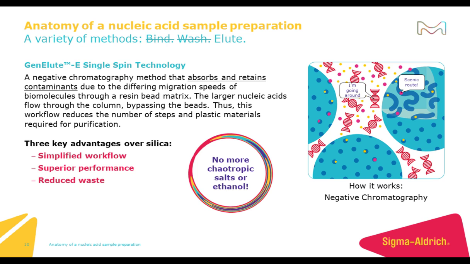Larger biomolecules, like nucleic acid, flow more readily through a resin bed, while smaller contaminants are absorbed and retained by differing migration speeds through the resin beads and take a longer time to make it through. As you can see through this graphic, the nucleic acids bypass the beads, while the sample contaminants are small enough to fit within the beads and are absorbed, thus taking a scenic route. Clearing the sample and packing the resin before loading the supernatant prevents cellular debris from eluting in the final sample.